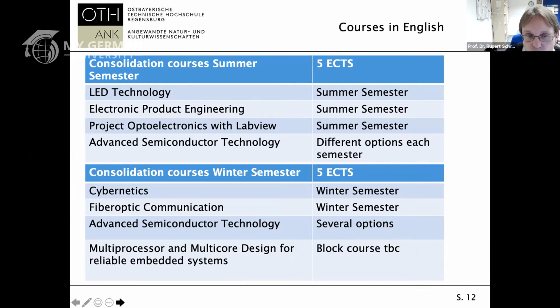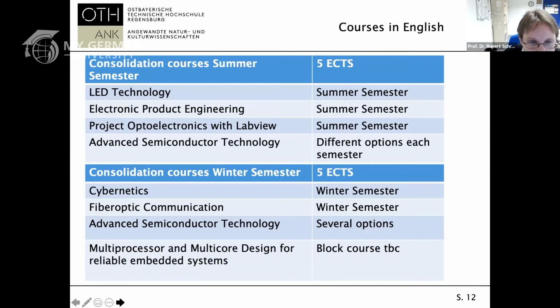So you have here the choice, and you have to pick in total 4. And as you see, these courses are also very related to electronics, semiconductor industry, and optoelectronics. And here we also have mostly lecturers from industry. So for example, LED technology, it's Dr. Ebeke from Osram.